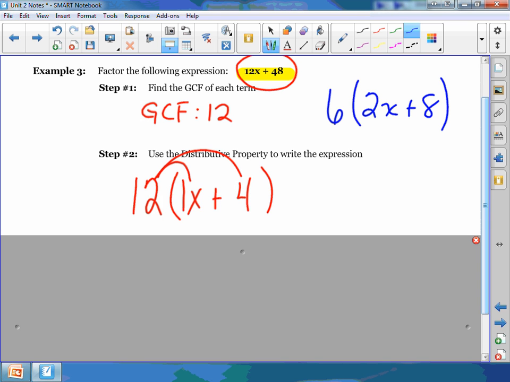We'll come back to how that is true, but that is true. Then I got another group that says, no, I didn't do it that way. I did 4 groups. Four groups of 3x plus 12.